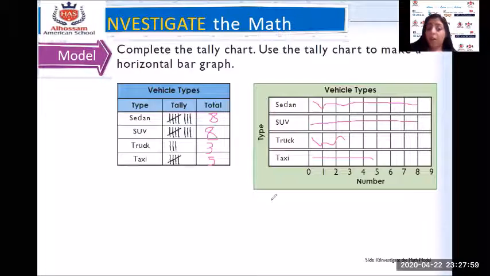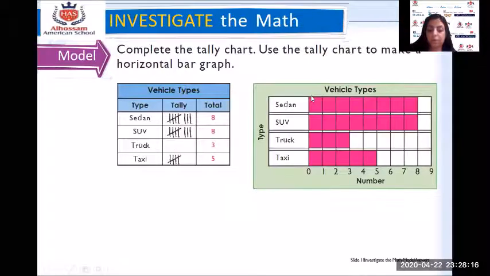So this is how I use the information to make my bar graph. So it's going to be like that, colored like that.